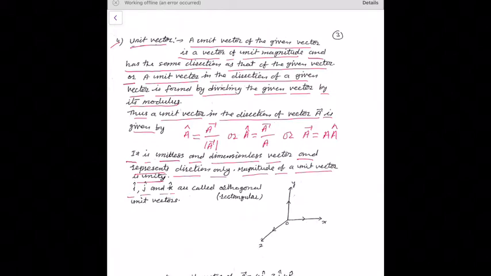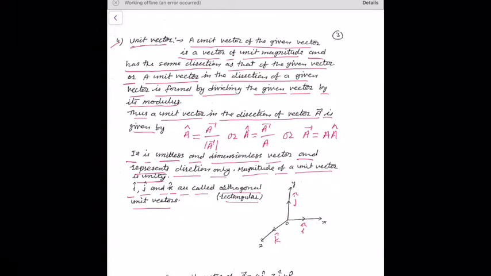i cap, j cap and k cap are called orthogonal or rectangular unit vectors. i cap represents the x direction, j cap the y direction and k cap the z direction.